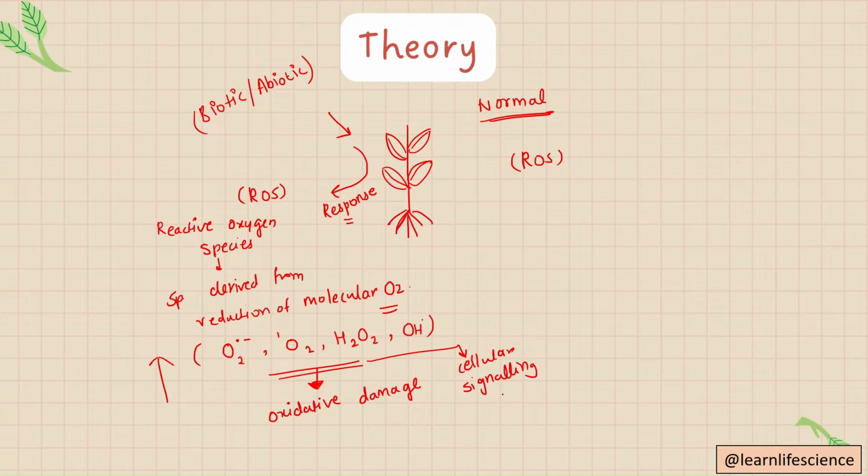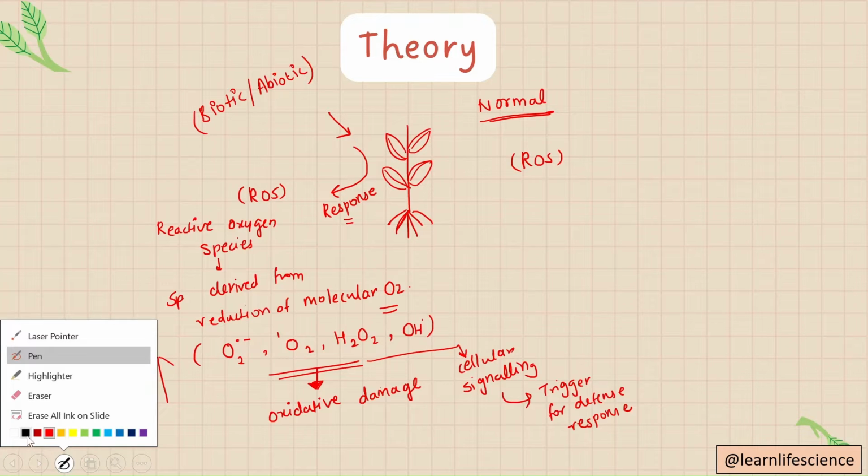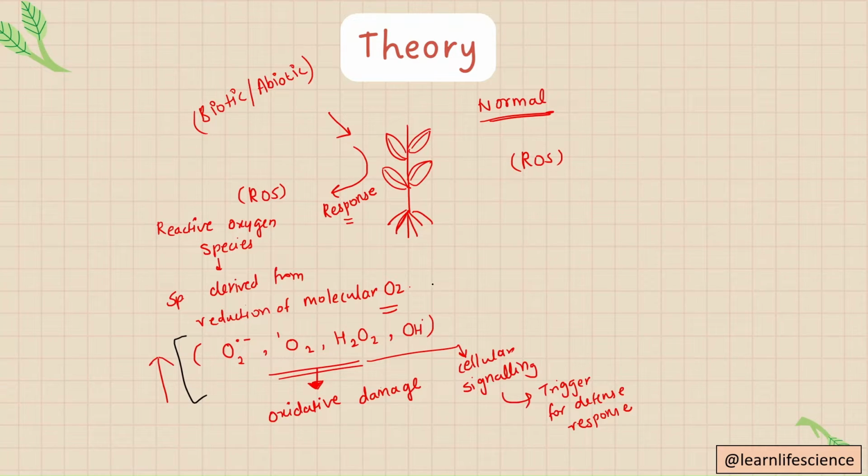This cellular signaling is nothing but the trigger for defense response. For example, different antioxidant enzymes are present in the plant cells which carry out reactions to neutralize the reactive oxygen species that are produced beyond their level.